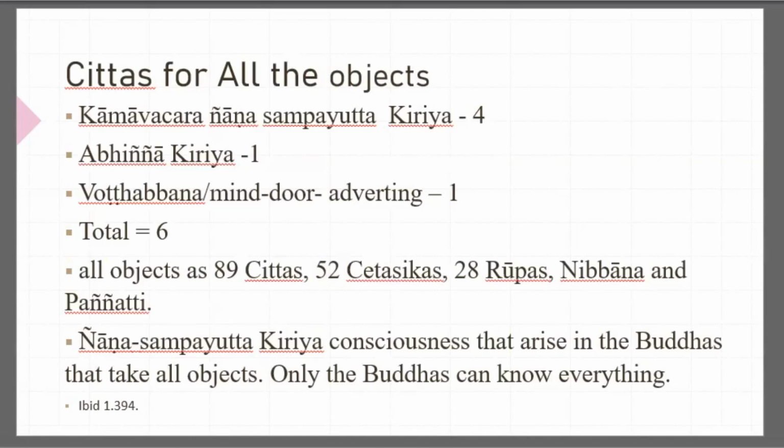I will repeat again. There are 6 Cittas that can take all the objects: 4 Kamavachara Jnana Sampayutta Kiriya Cittas, Abhiñña Kiriya Citta and Votthabbana or mind-adverting consciousness. Those 6 Cittas can take all the objects. What do all the objects mean?